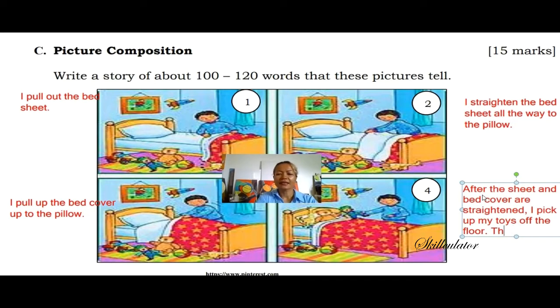Okay, my toys, I arrange my toys on my pillow.